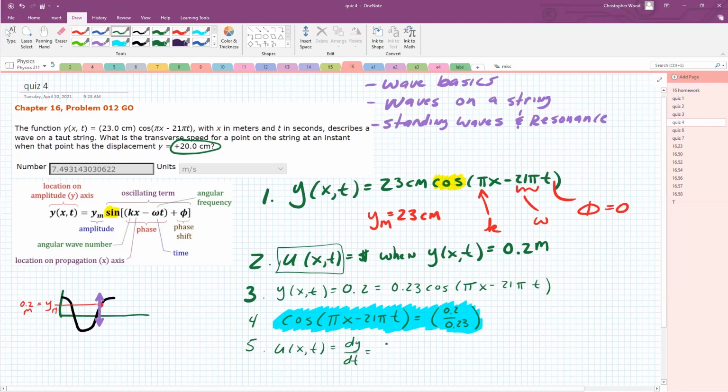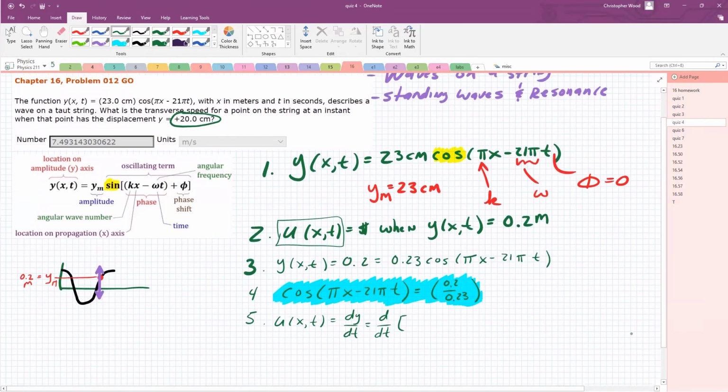So one more time, I need to take the time derivative of my position function, specifically the amplitude position function. I need to take the time derivative of 0.23 meters times cosine, meters. I'll include that, I guess. Meters times cosine of pi x minus 21 pi times t.